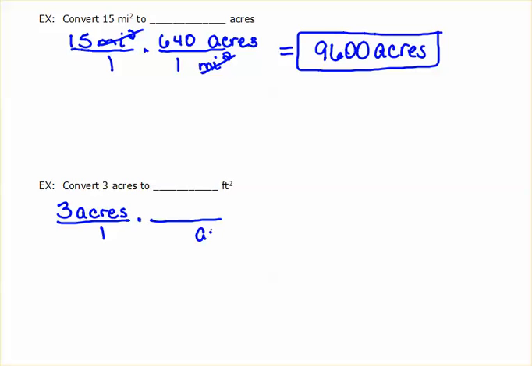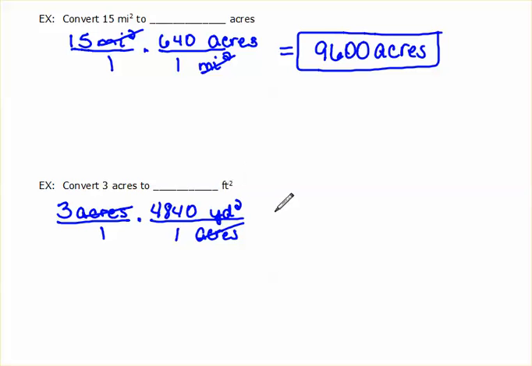So I'm going to put acres on bottom so it will cancel. And I'm going to put square yards on top because that is a relationship between those two things. And that relationship is 1 acre is 4840 square yards. So now acres will cancel, and our answer would be in square yards, but we don't want that.